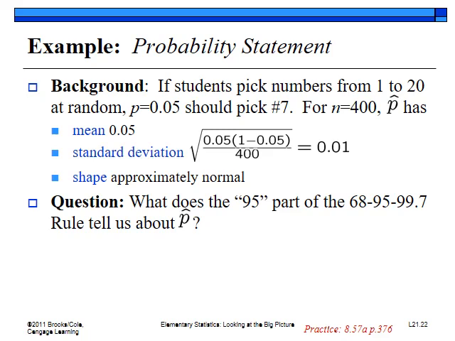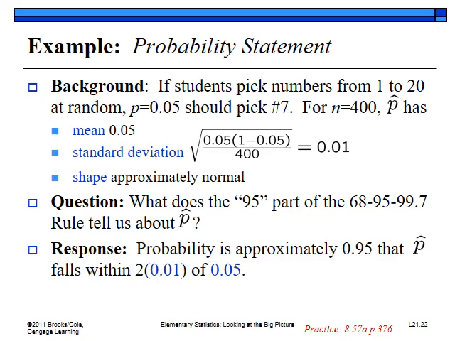So what does the 95 part of the empirical rule tell us about p hat? Well, it tells us that 95% of the time, a sample of size 400 will have an observed proportion that falls within 2 standard deviations of the mean.